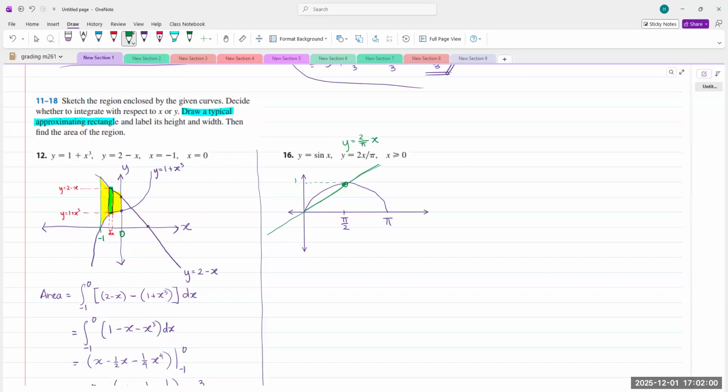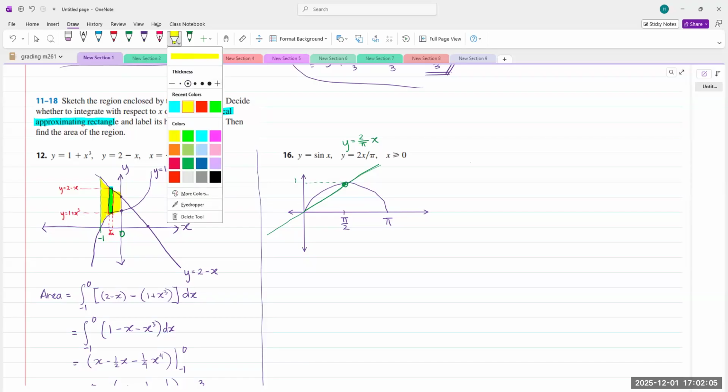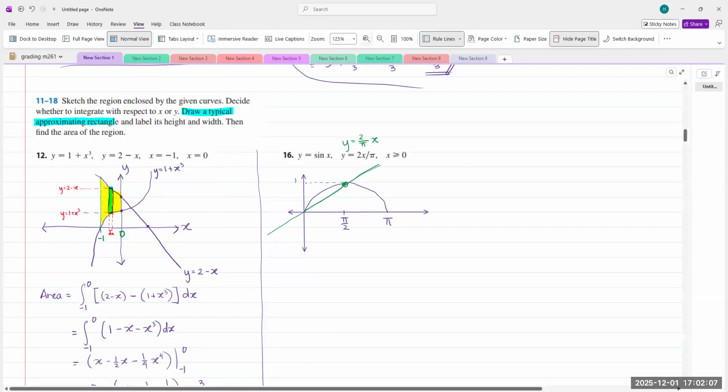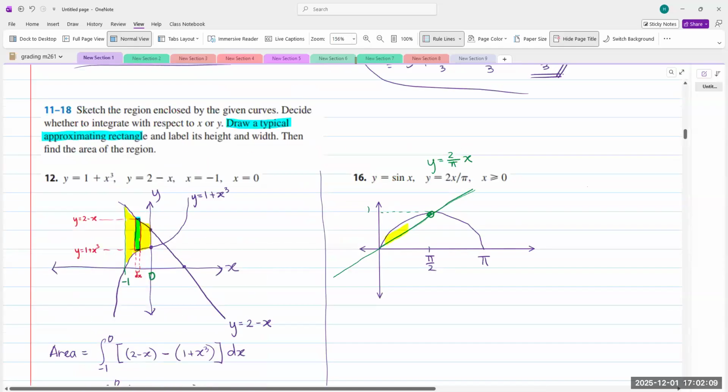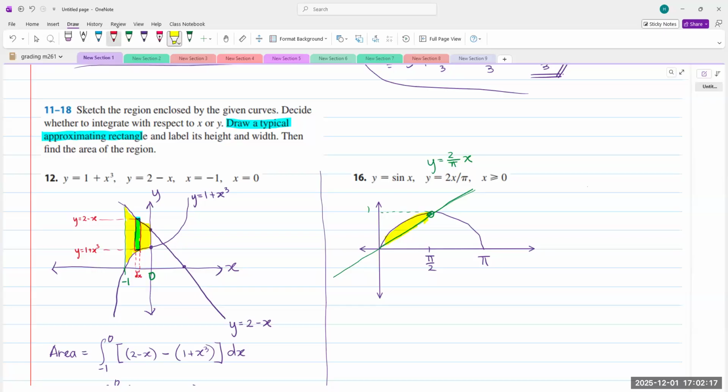The region of consideration is this one. Let me enlarge this. I think my graph happens to be too small. This is the region which we need to find the area of.